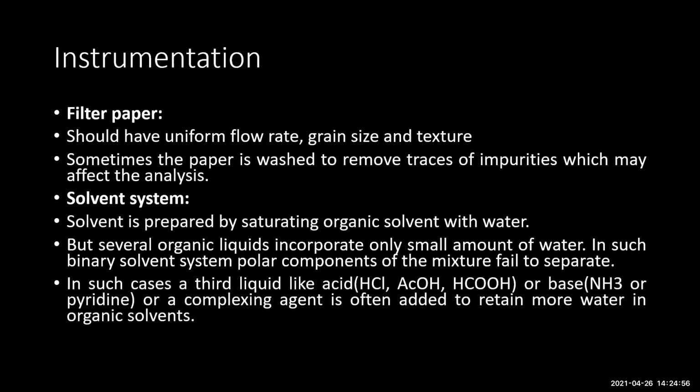In such cases, a third liquid is added. What is the third liquid? It can be alcohol, acetic acid, HCl, etc., or basic components such as ammonia or pyridine, or a complexing agent is added to retain more water in the organic solvent. So different types of components are added to make sure that there is proper separation of the mixture.